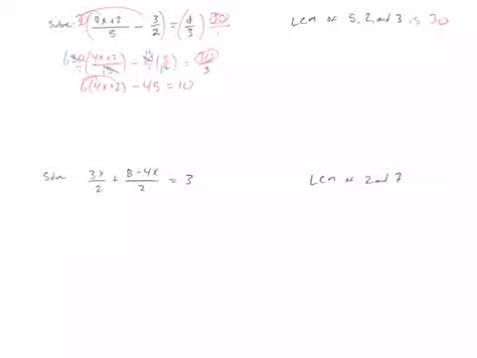Distribute it again. 24x plus 12 minus 45 is equal to 10. Combining like terms, 24x is equal to negative 33.